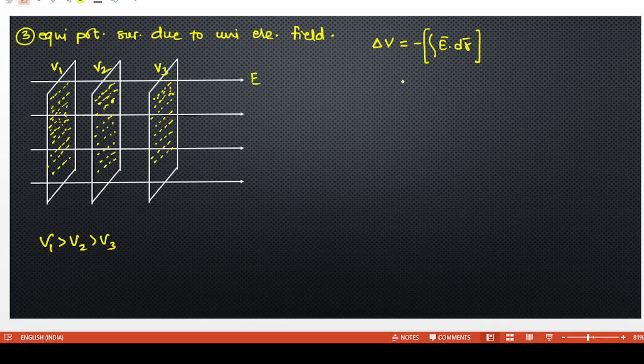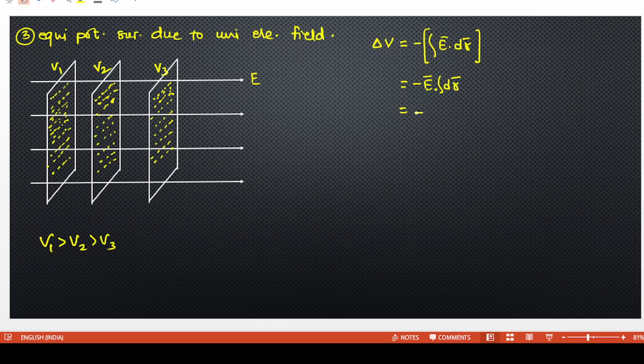Now I can say that because this electric field is constant, I can take it outside the integration. So inside the integration I will have dr bar, or E bar dot integral dr bar.